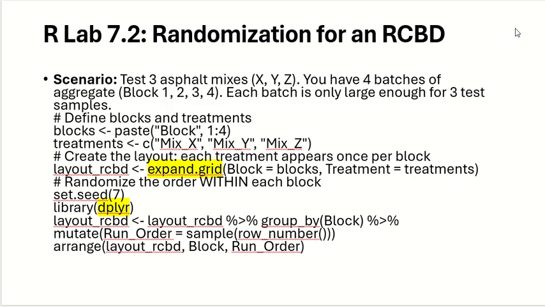So all replicates are only for the asphalt mix type. Forget about the blocks of aggregate, the batches of aggregate. You do not make a full factorial design, you do not make replicates within the block. But doing that would mean that I'm ignoring a very important potential source of variation.